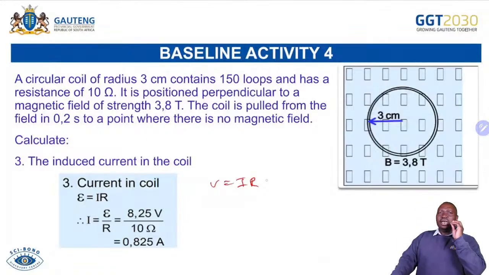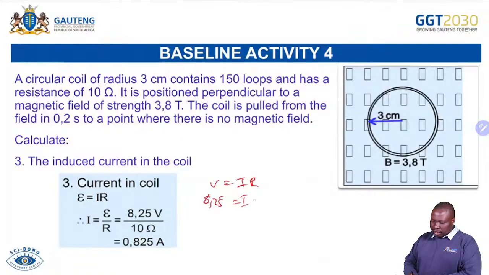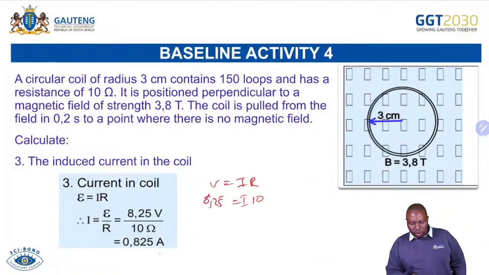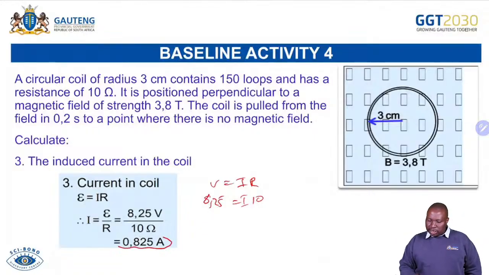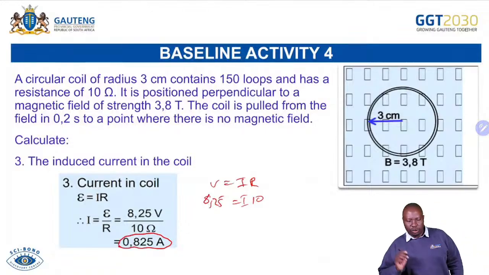Remember, we are always encouraging you to not just write the formula and then substitute, then write your answer. Then you simply substitute there, and you get your EMF was 8.25. You get your R was 10 ohms, and you just divide by 10 both sides, and you are able to get a current which is 0.825 amperes, and then you are able to move.